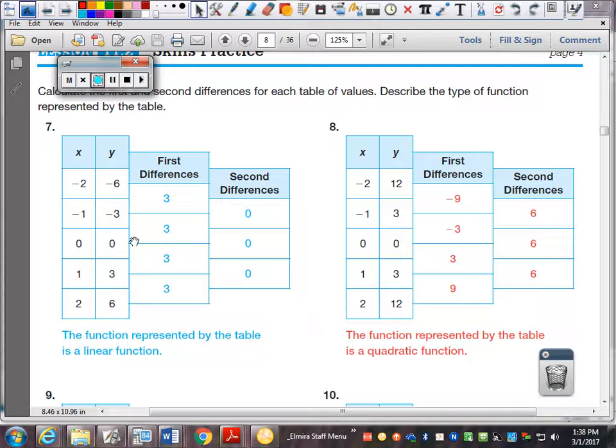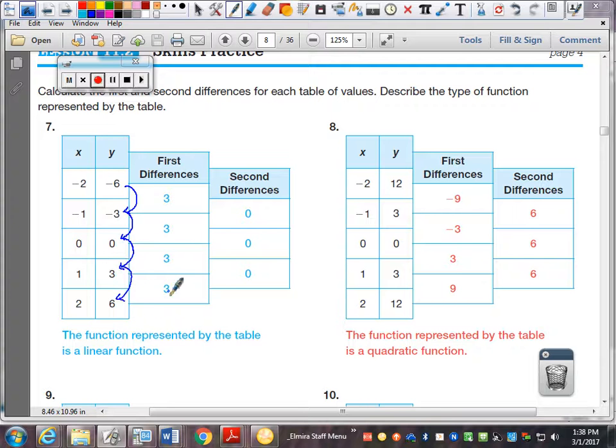Basically what you're going to look for is, does the data have a consistent rate of change on the first try? What I mean by that is looking at the y values. -6 to -3, well, that went up by 3. -3 to 0 went up by 3. 0 to 3 went up by 3.